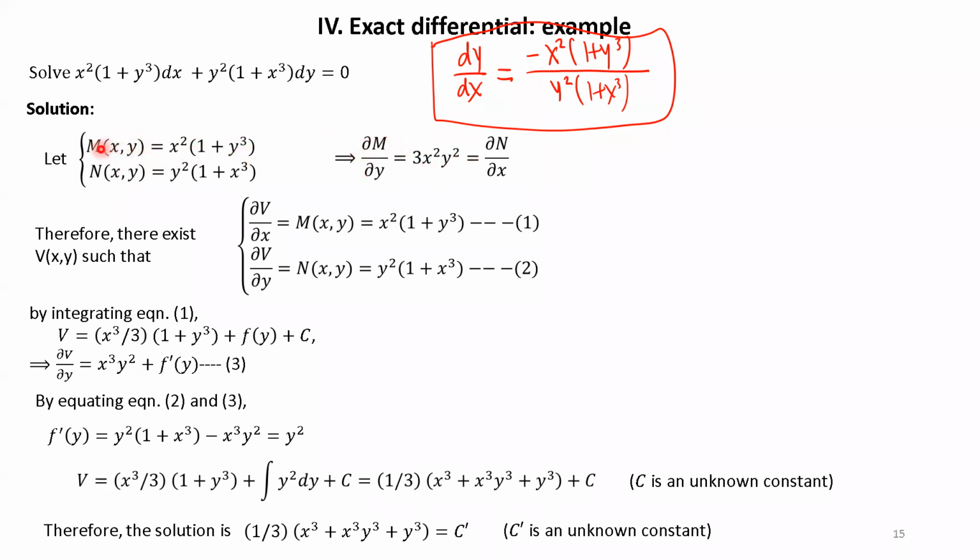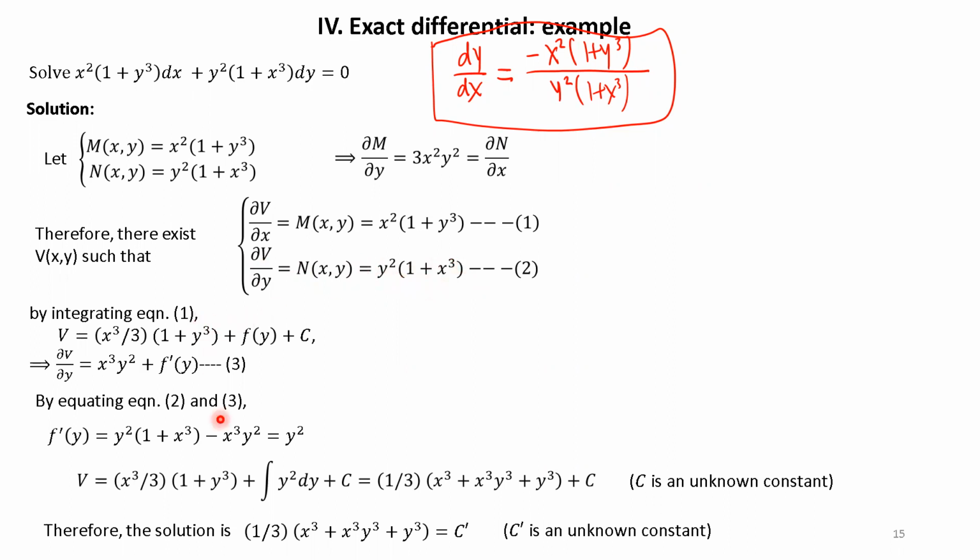So test whether partial M partial Y is equal to partial N partial X. Indeed, they are the same. So then we know that there exists a function V of X and Y such that partial V partial X is this function, and partial V partial Y is this function here.